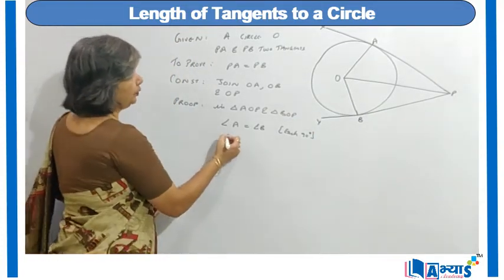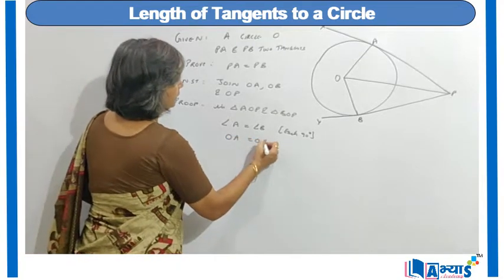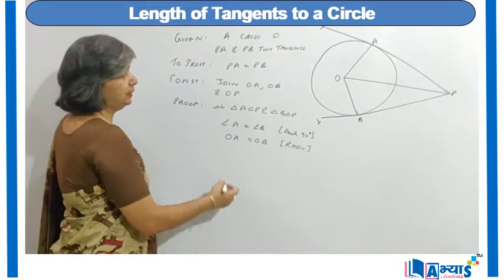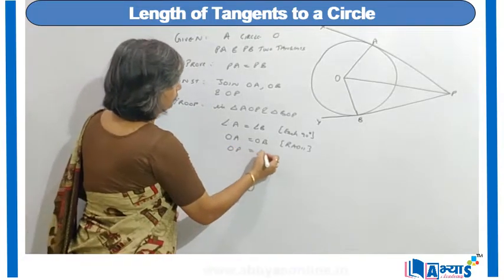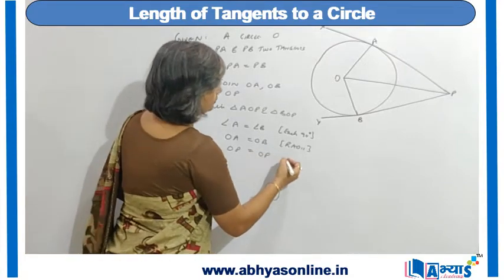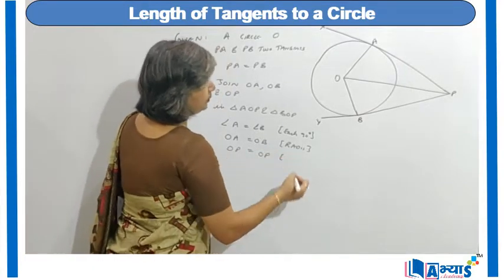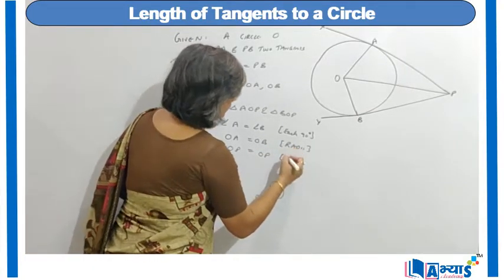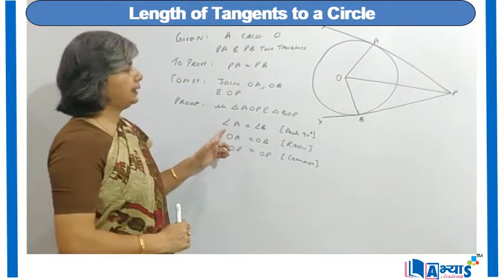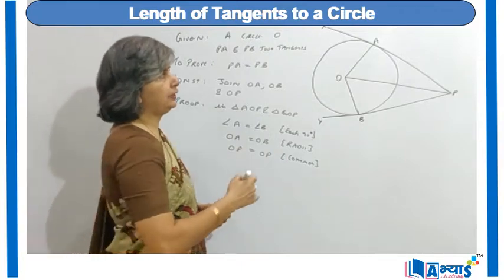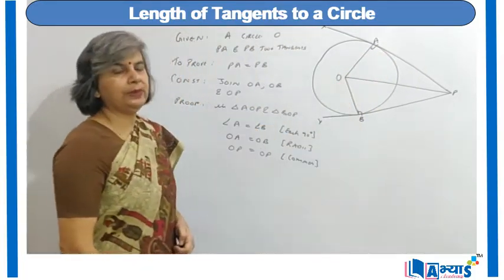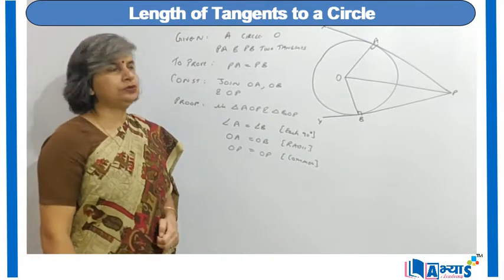Further, OA is equal to OB, both are radii of the same circle, and OP is equal to OP, common in both. So angle A is equal to angle B, each 90 degrees, OA is equal to OB, and OP is common in both.